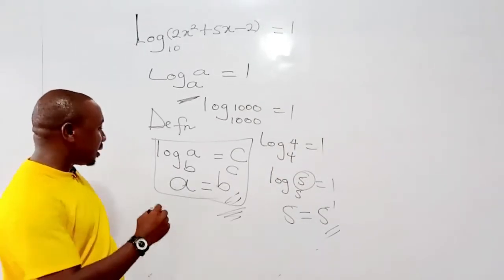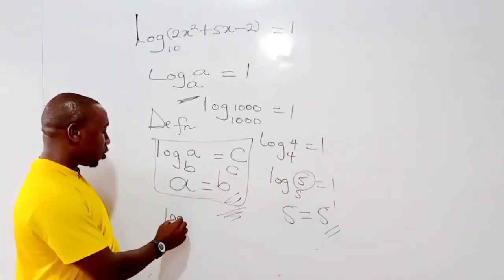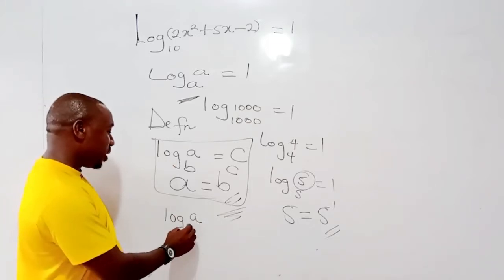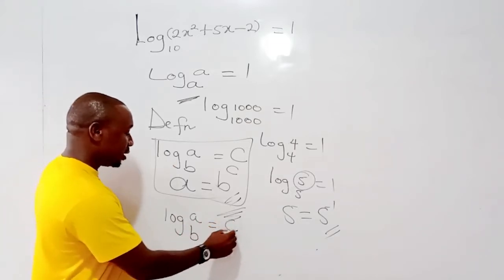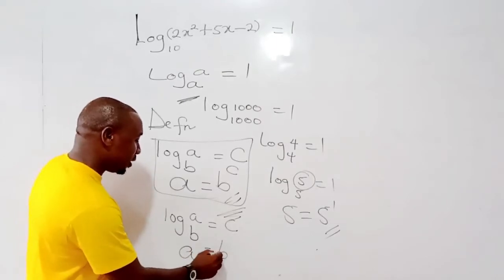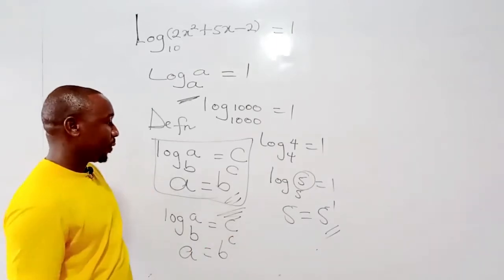Now we are saying that log of a, I'm stating it again, log a to the base b is equal to c. By definition, a is equal to b to the power c.